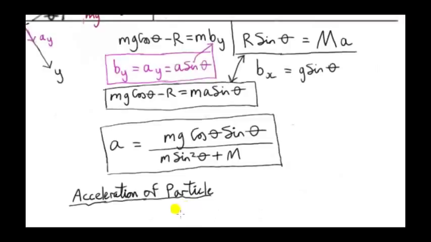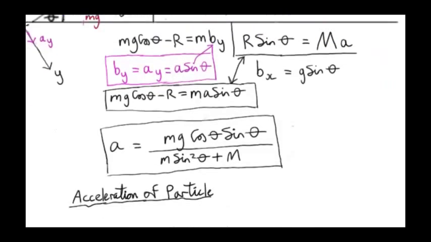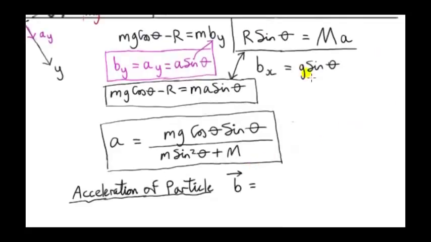Now let's look at the acceleration of the particle. So that's vector b. Its two components are bx and by. We found both components. So here's the x component, g sine theta, and we can multiply that by unit vector i.